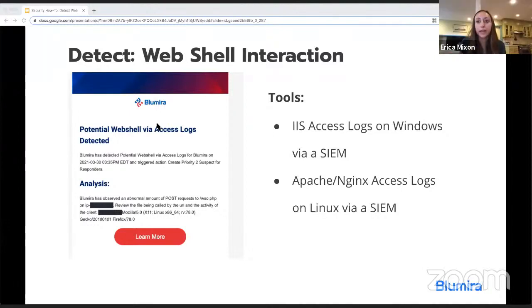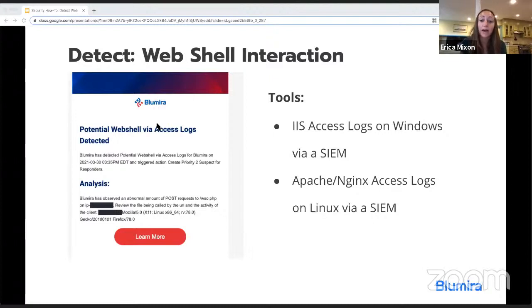Yeah, absolutely. And these detections that we've been mentioning throughout the presentation, the thing that is great about Blumira is that our detections are prioritized. So you're not getting a ton of alerts like with other SIEMs that are a little more noisy, where you get so many alerts that you have to ignore them and then miss really high priority security incidents.